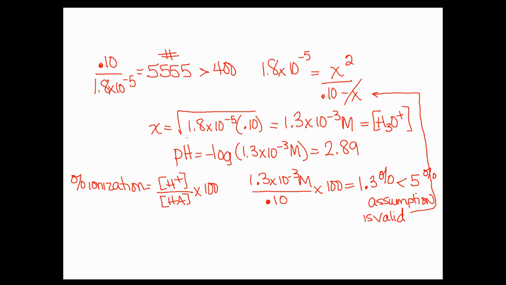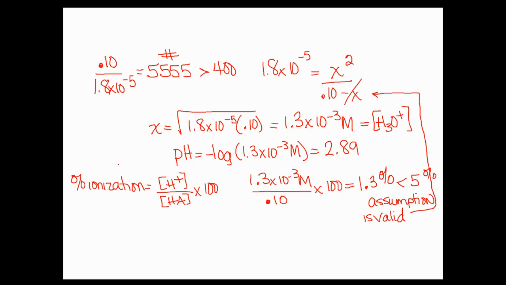Now, what this means is that the closer we get to 5% ionization, the more likely you should run a quadratic, okay? And if this was, let's say, a 7% ionization, then this number wouldn't match what you'd get with quadratic equation, okay?